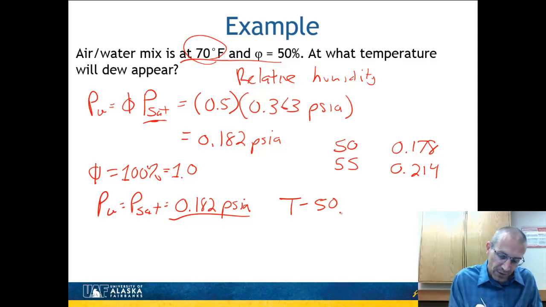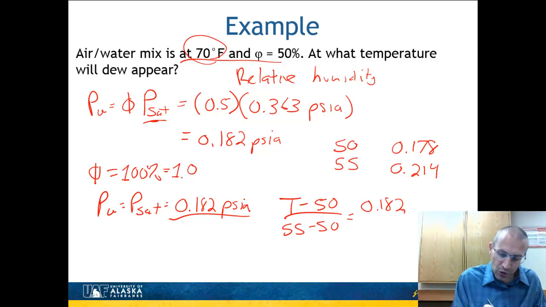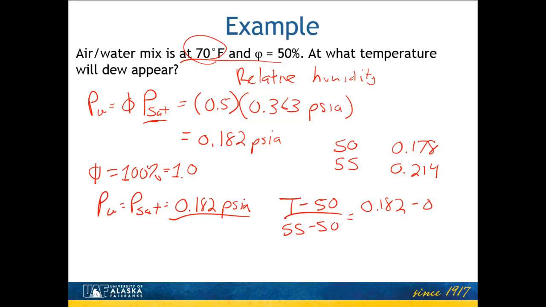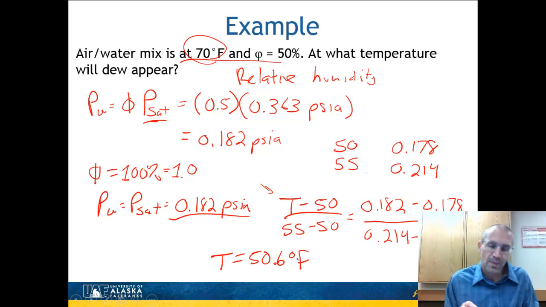T minus 50 over 55 minus 50 is 0.182, the actual value of pressure, minus 0.178, over 0.214 minus 0.178. I'm doing a linear interpolation, and now I'm going to solve for that value of T. I find out that T is equal to 50.6 degrees Fahrenheit.